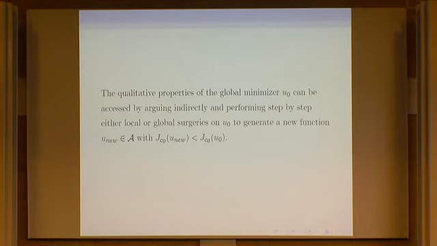That means the global minimizer u0 cannot be identical to 0 on some interval. Of course, that's the idea. However, there are lots of technical issues we have to face.